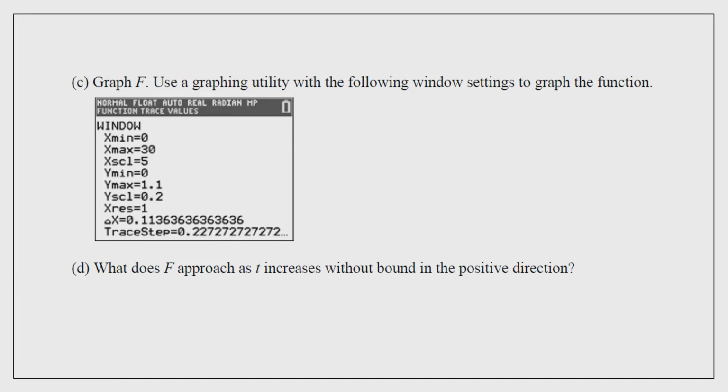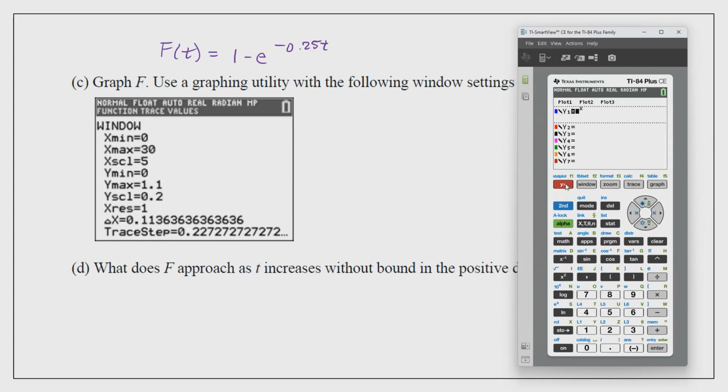Use a graphing utility with the following window settings to graph the function. So f of t equals 1 minus e to the power negative 0.25t. Okay, so let's graph that function. So we'll go to y equals, clear this, and then enter in our function. So 1 minus e to the power negative 0.25t, so that's x, and press enter.